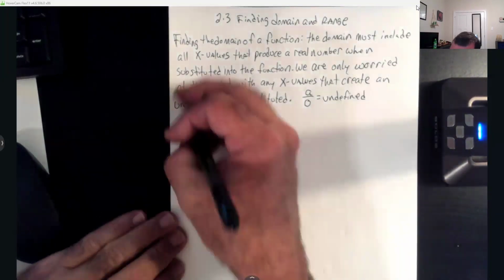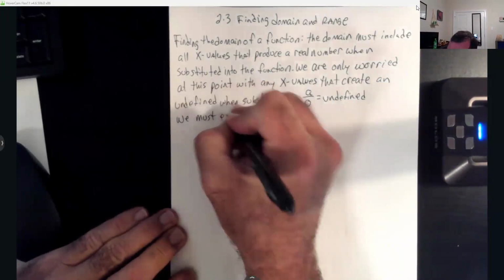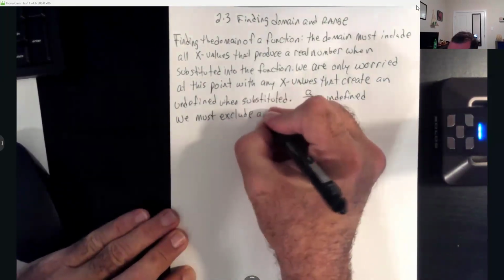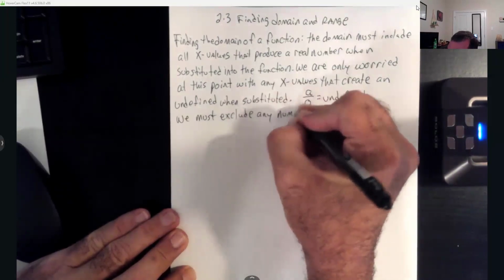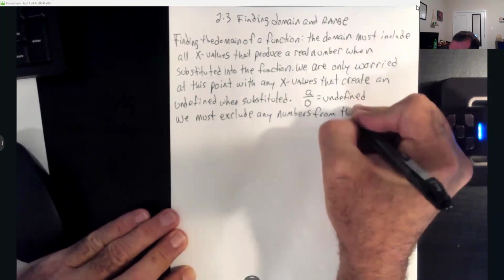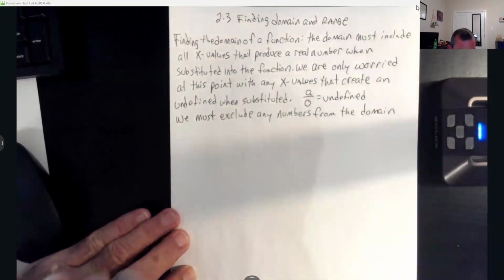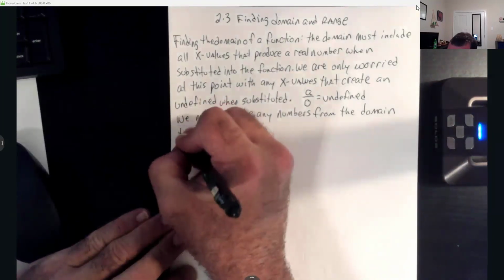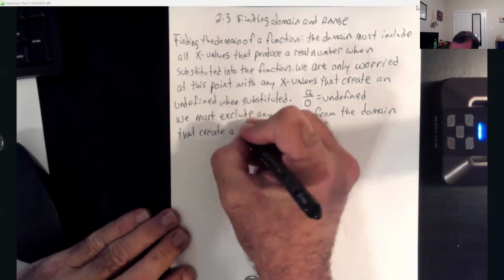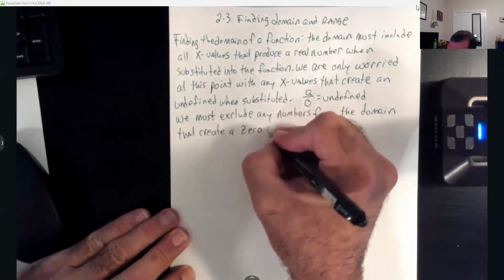So what that means is we must exclude any numbers from the domain that create a 0 in the bottom of a fraction.